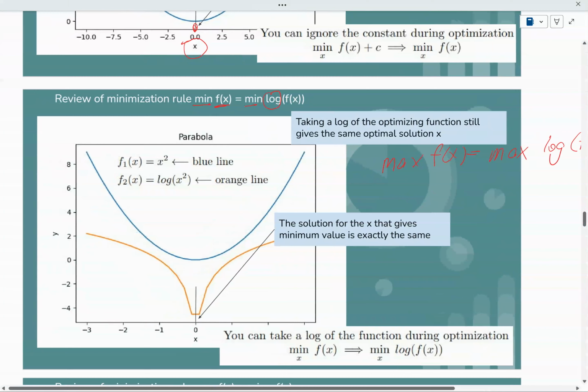So you can see it here as well. We start with the blue line. And notice when you take the log, the minimum point is still the same. So nothing has really changed. So taking a log is a really useful trick when your function has e to the something, right? Because when you take a log or a natural log, then e disappears, and all you have left is just the exponent term.